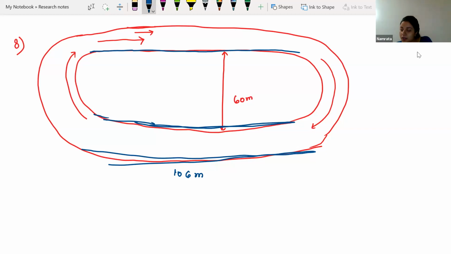Now, the track is 10 meter wide, that means this green part is 10 meter. Here it's 10 meter. Here it's 10 meter. The racing track path is 10 meter wide.